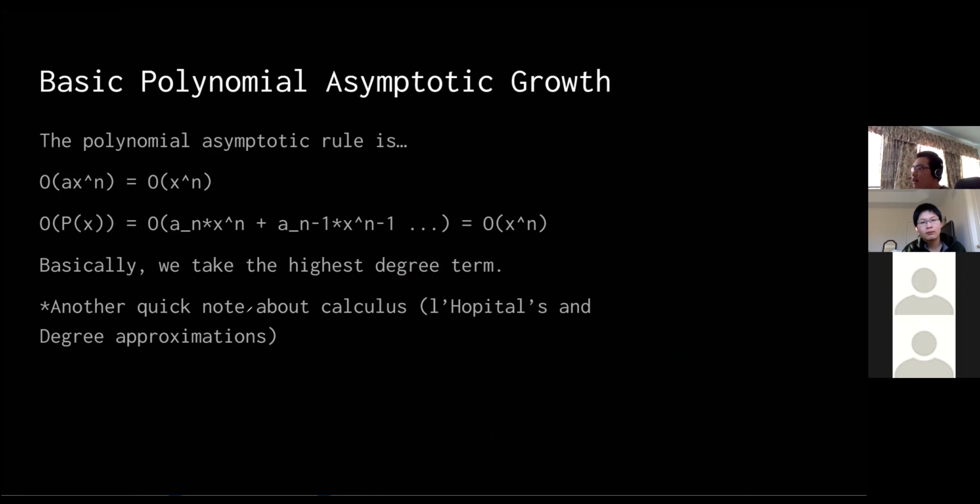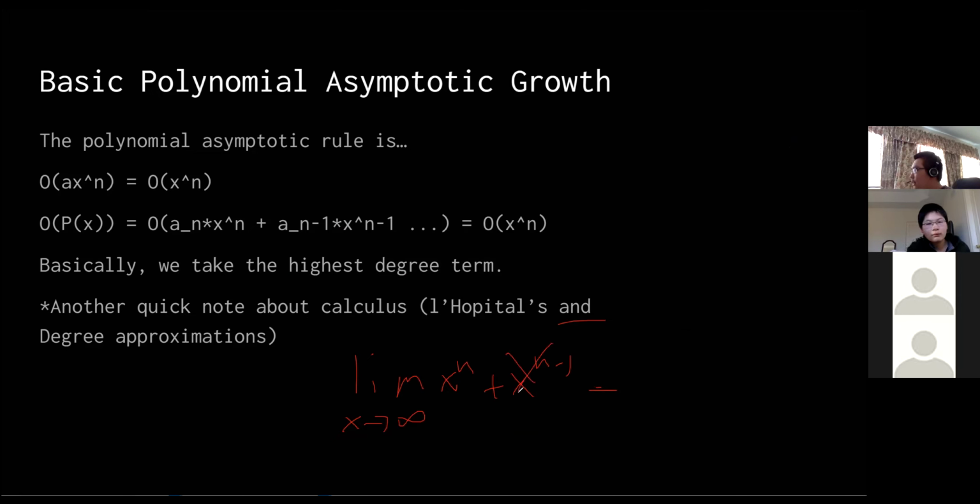Another way you can understand this is by using mathematics. You can use calculus, like L'Hopital's rule, to take care of any indeterminate form, and you can use degree approximations. Basically, if you're taking the limit of x to the n plus x to the n minus 1 as x approaches infinity, you immediately take out the x to the n minus 1 term.